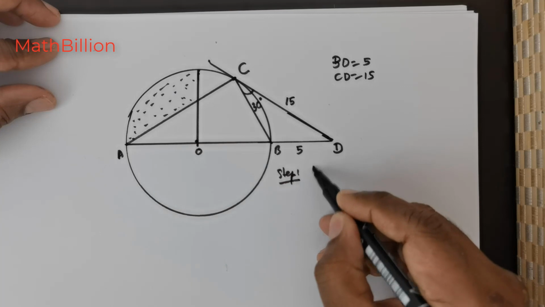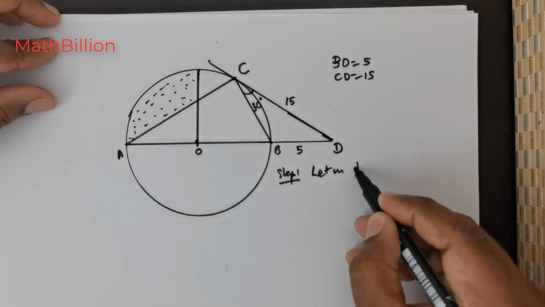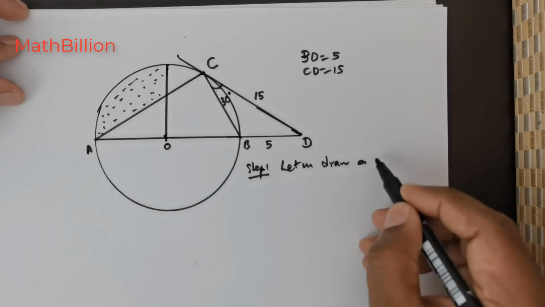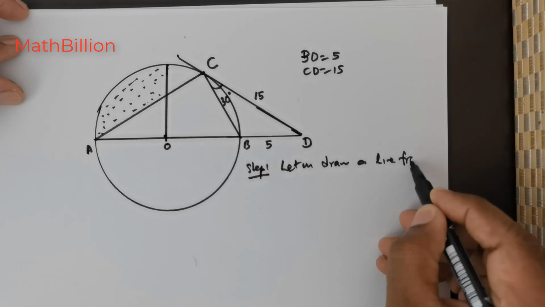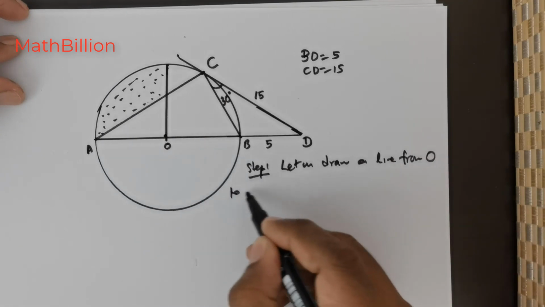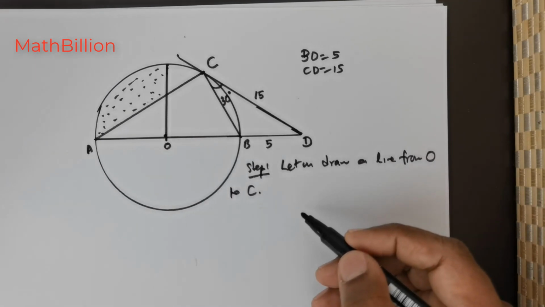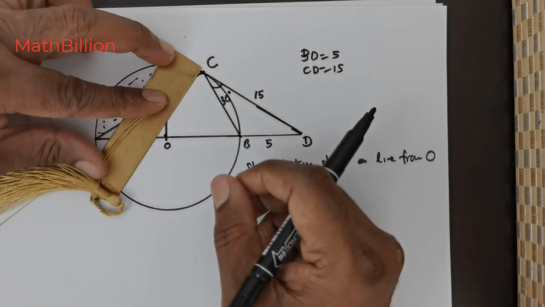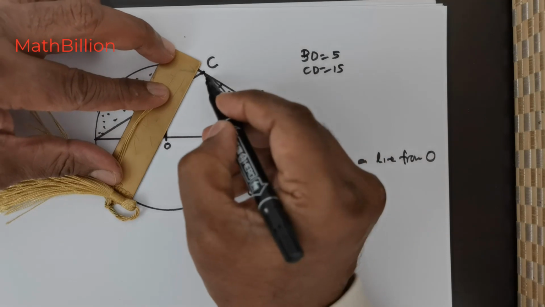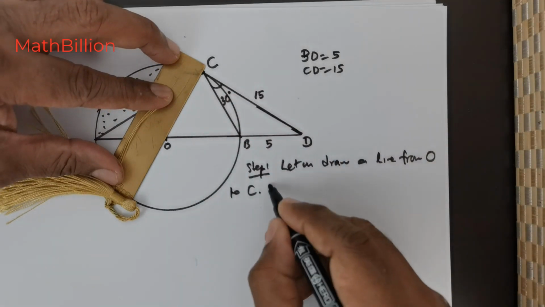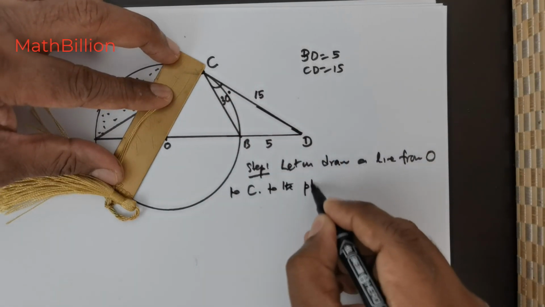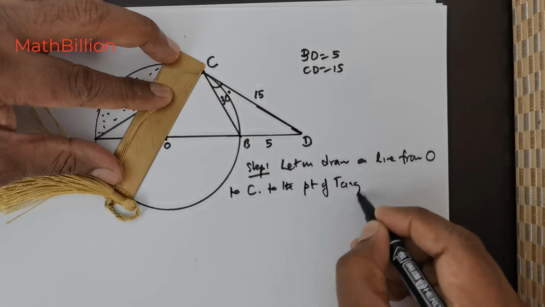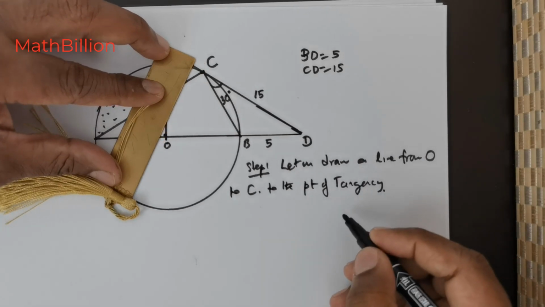Step 1, let us draw a line from O to C. So from O to C I am drawing a line, to the point of tangency, right?